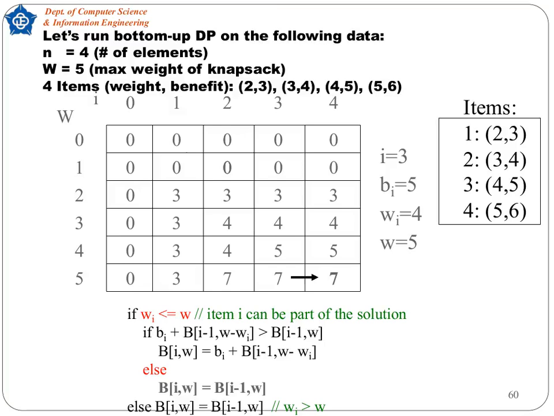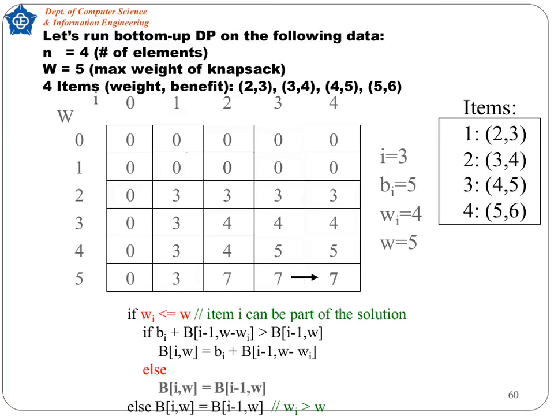For example, at item 3, weight 4, benefit 5, with capacity 5, including it gives us 5 plus B[2][1] equals 5 plus 2 equals 7, which is better than excluding it, so we record 7 in that cell. Once we've processed all 4 items up to capacity 5, the bottom right entry shows 7, the maximum benefit we can achieve.